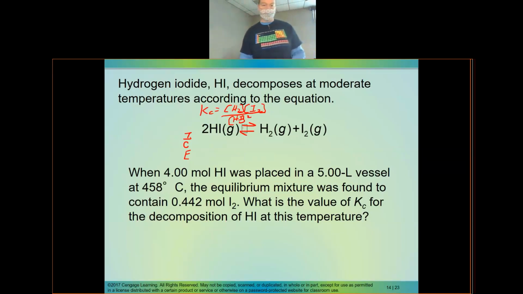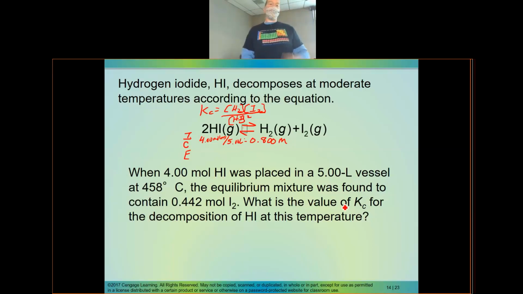They would all cancel. All right, so here, when 4 moles of HI was placed in a 5-liter vessel, that's my initial, 4 moles per 5 liters. And if you push the buttons on your calculator, that gives you 0.800 molar.